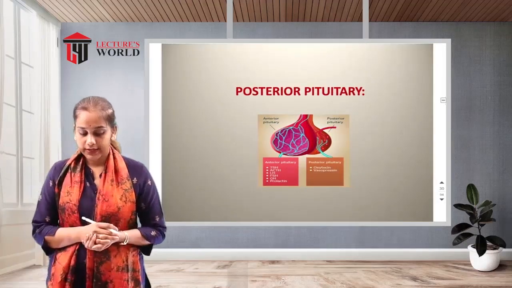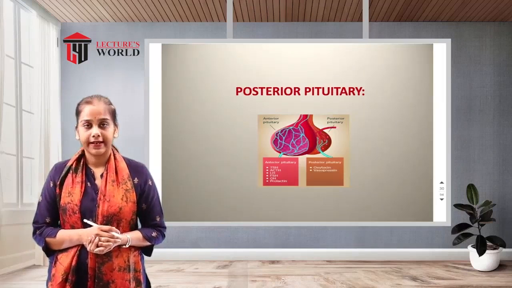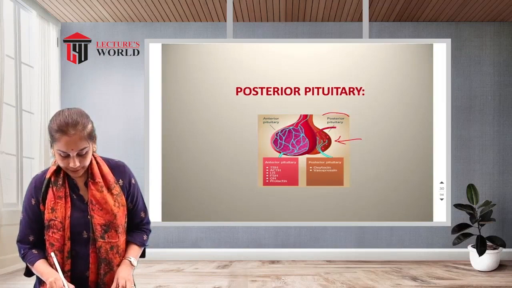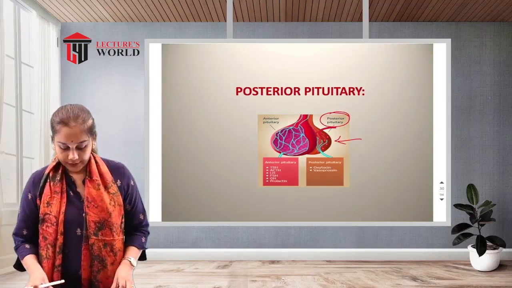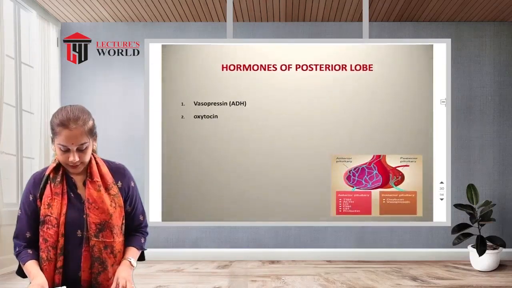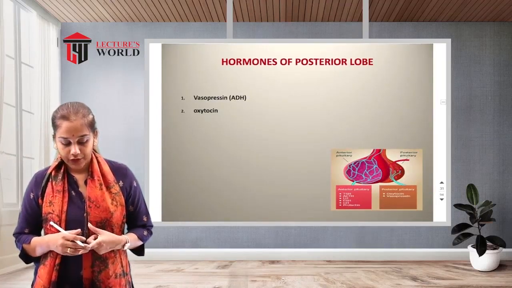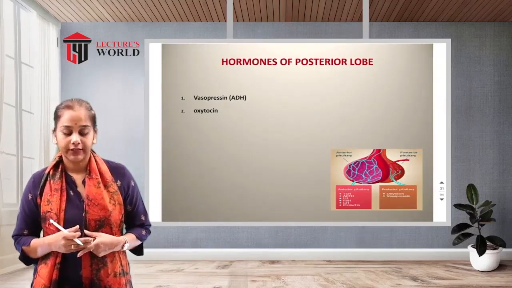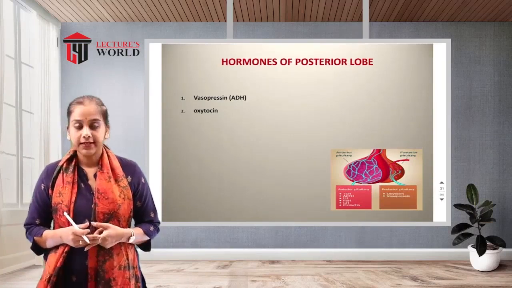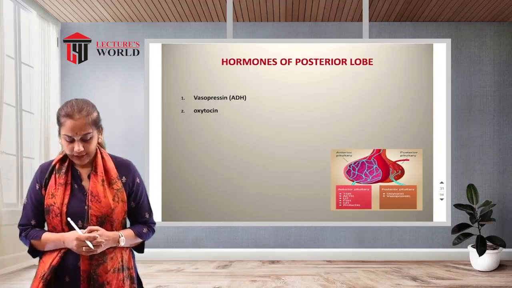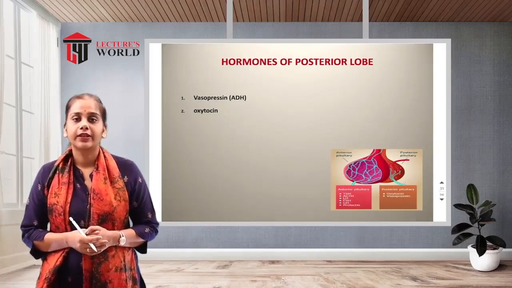Now the third portion is the posterior pituitary gland, which is located at the posterior side. Let us see the hormones of the posterior lobe. There are two major hormones. The first is vasopressin, whose other name is ADH, antidiuretic hormone.